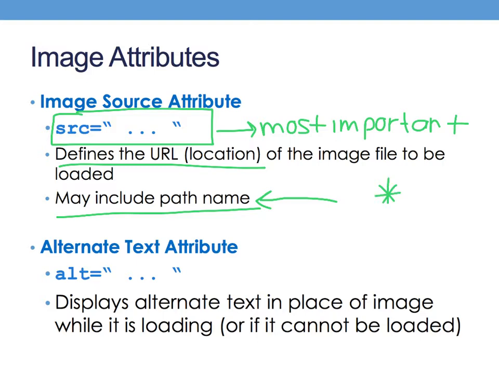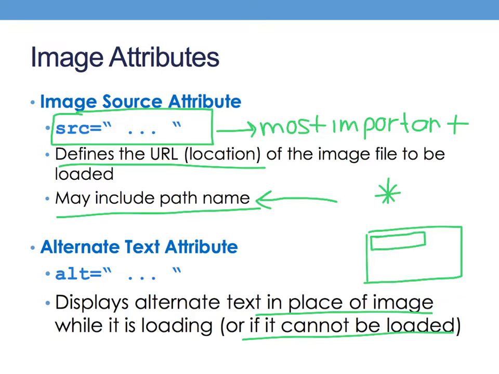Then that second attribute down there says alt. And what this does is it displays alternate text in place of the image, either while it's loaded or if it cannot be loaded. So this is what happens when you have your browser window and there's supposed to be an image up here, but it doesn't load, and it says something like, if this was McGonagall's flying M and it doesn't work, it would just maybe say flying M. And it's essentially a couple of words or a fragment about what that image should be.